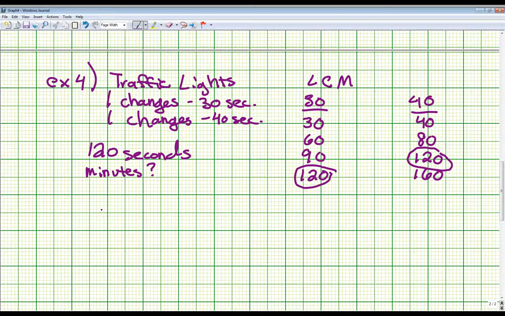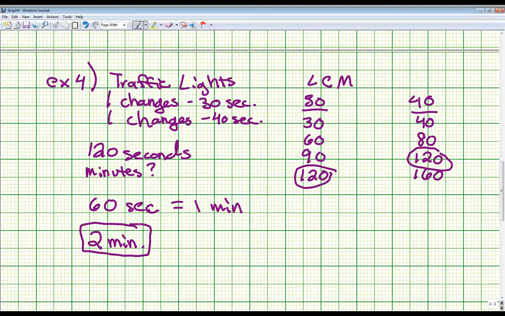So we have to remember how many seconds are in 1 minute, and there's 60 seconds equals 1 minute. So we have to figure out how many 60s are in 120. And there are 2 60s in 120. So this would become 2 minutes. So after 2 minutes, both traffic lights will change at the very same time again.